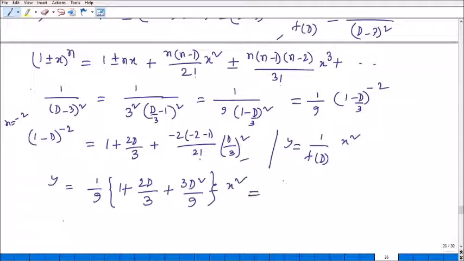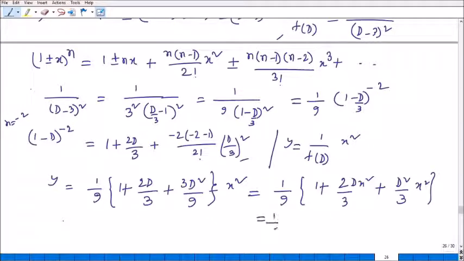So 1 by 9 times x square plus 2 by 3 D of x square plus D square by 3 operating on x square.